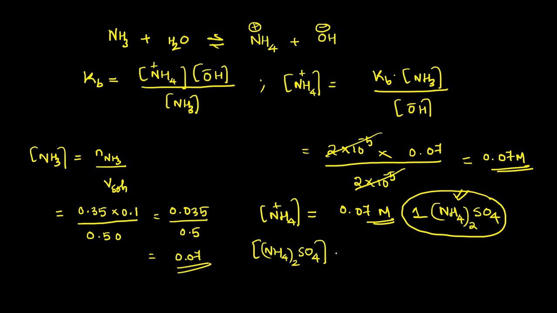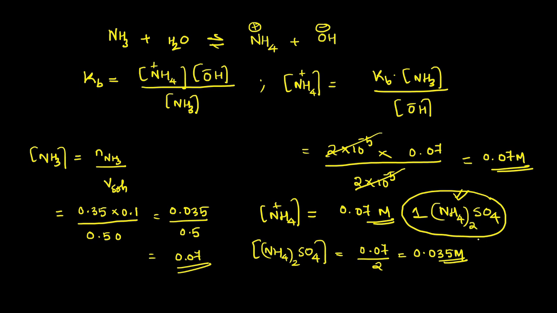If you take 1 NH4 twice SO4, there are 2 NH4. That means half of the NH4 concentration is the concentration of ammonium sulfate, that is 0.07 divided by 2, which is 0.035 molar. Any doubt is there? No. So you got the molarity.